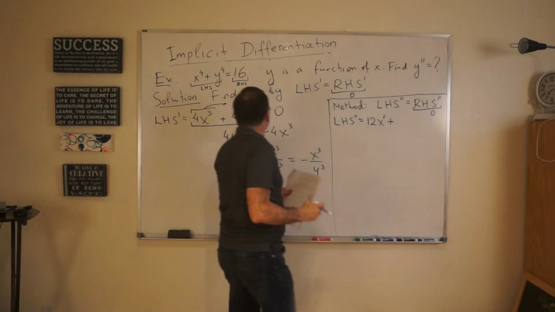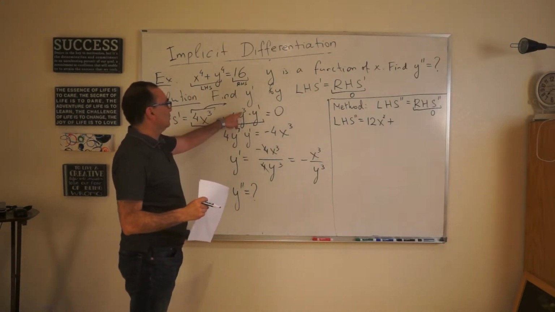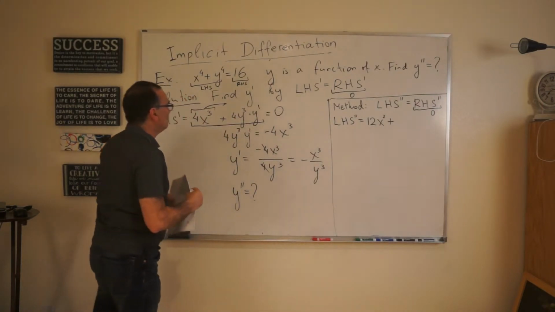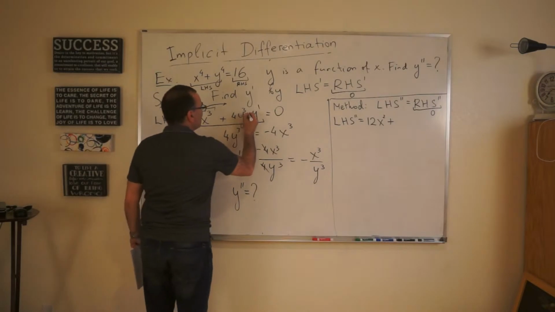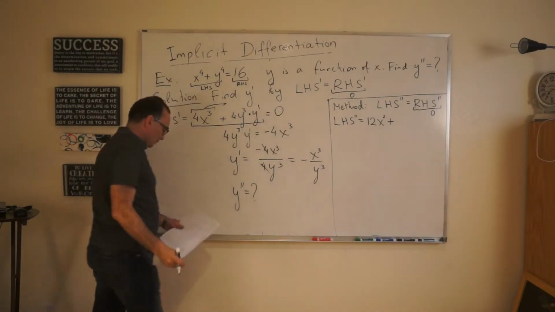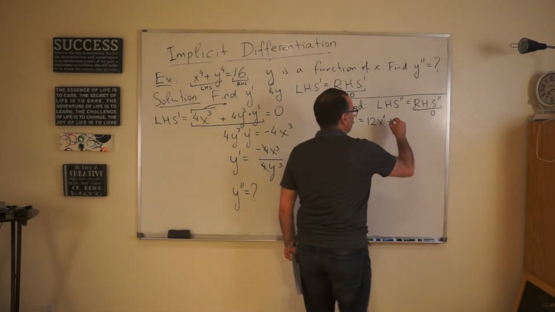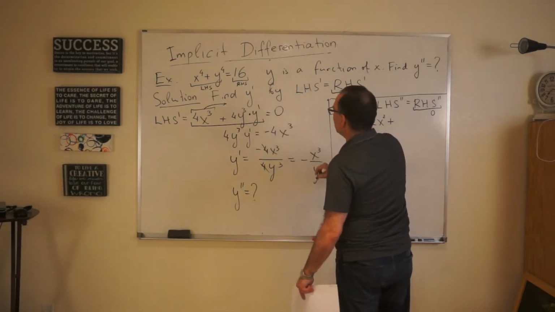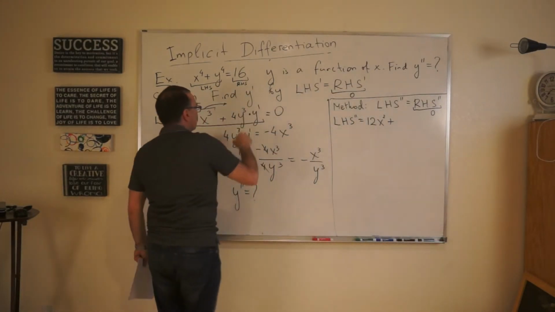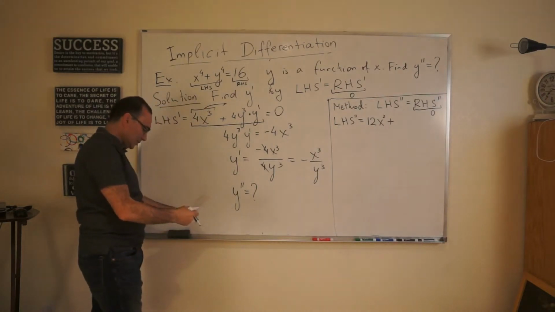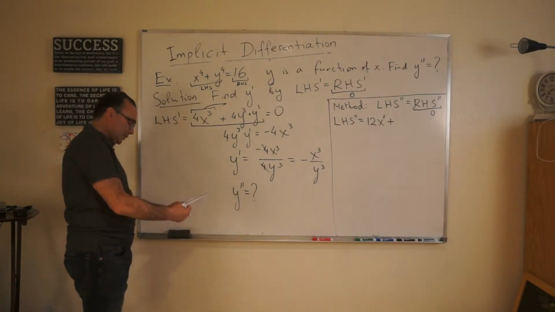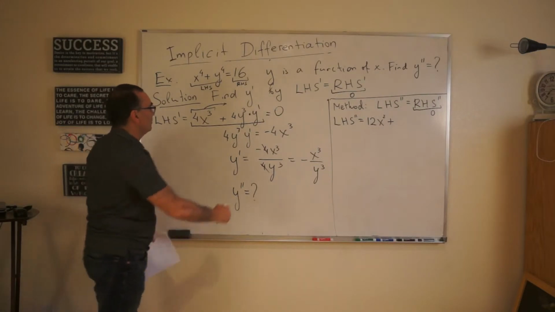plus, and now 4y cubed y prime. Since there is a product here, we've got to use the product rule. The product rule goes: derivative of the first term times the second term plus the first term times the derivative of the second term.